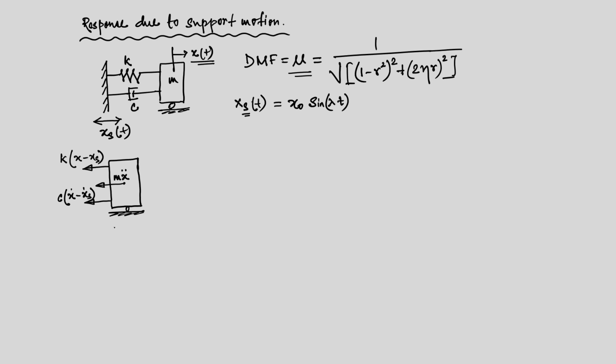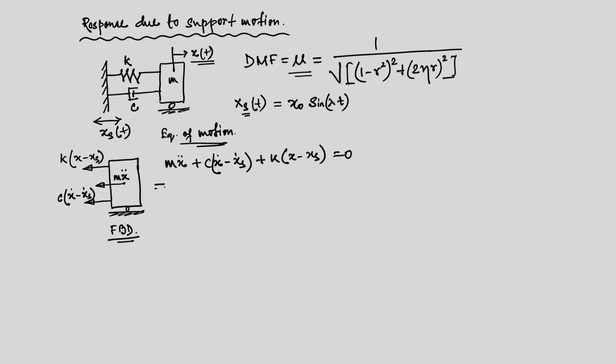Now, once we draw the free body diagram, we can easily write down the equation of motion. In this case the equation of motion is m x double dot plus c times x dot minus x s dot plus k times x minus x s is equal to 0.